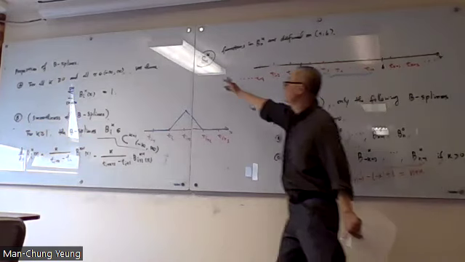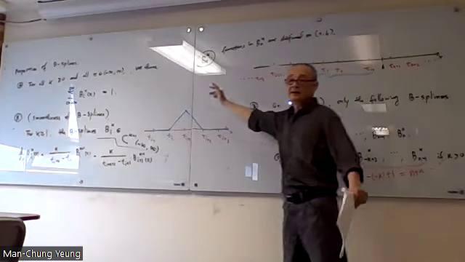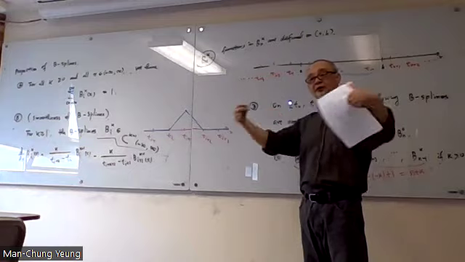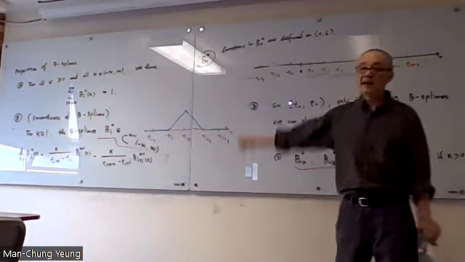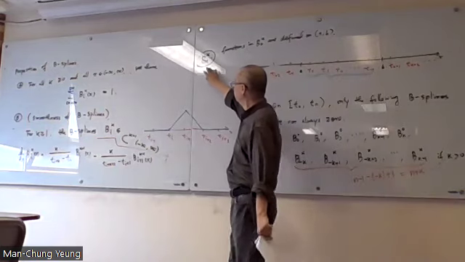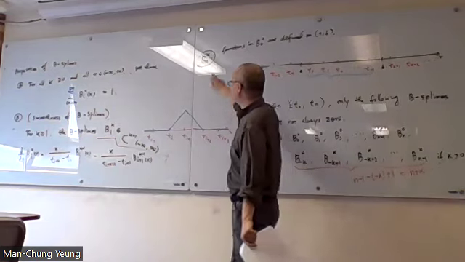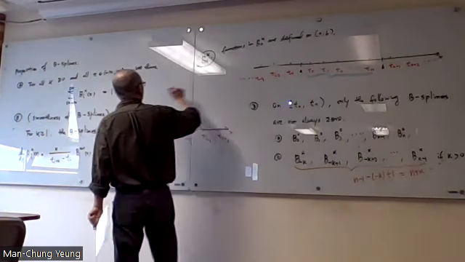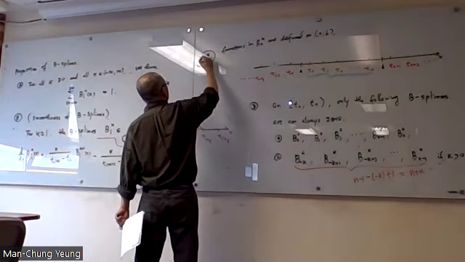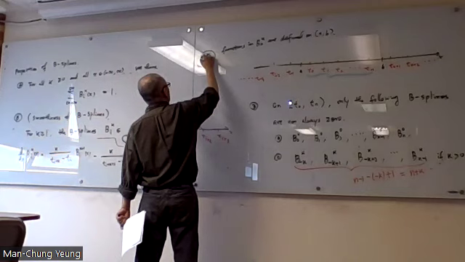Go back to the definition of this notation: spline functions of degree k, put together, the set denoted by this B_{n,k}.